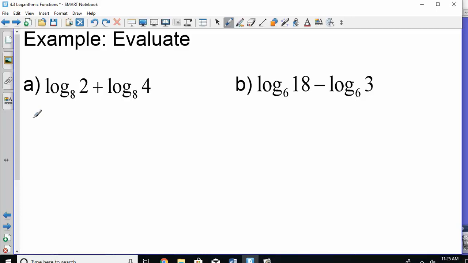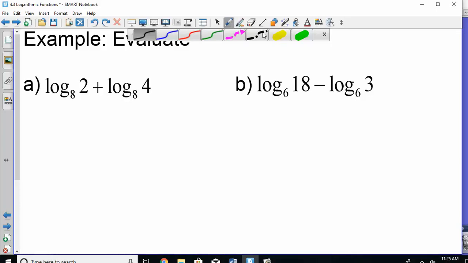So you might just be able to look at that and figure out an answer. But it might be a little more of a struggle. It's not quite as obvious 8 to what power equals 2. 8 to what power equals 4. We could get there, but it may not be real obvious to some of us.